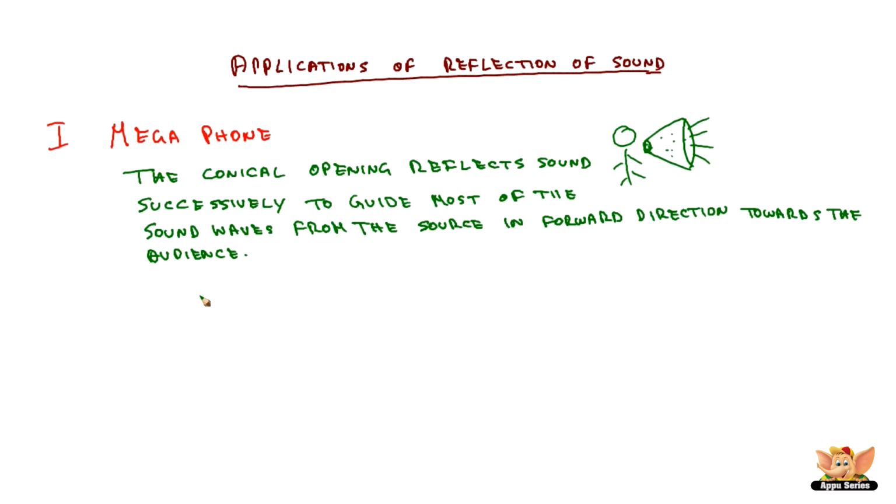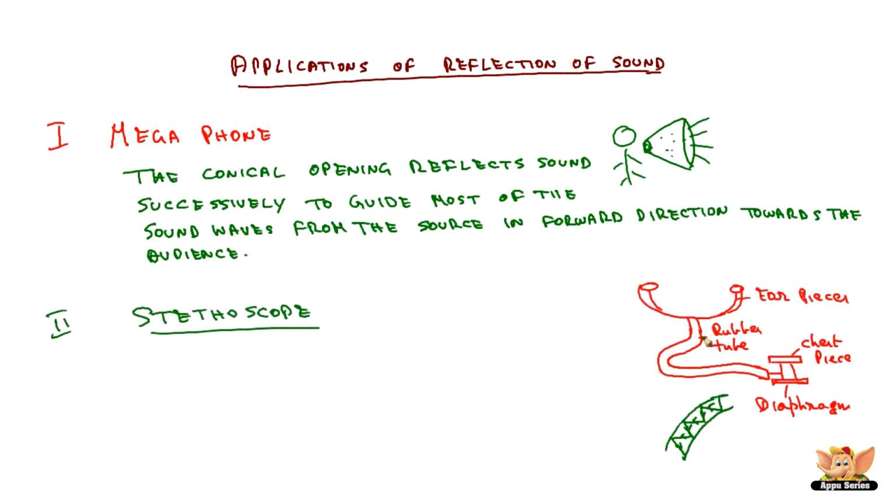In the same way, you have a bulb horn and a stethoscope. Let's see how reflection of sound is used in the stethoscope. The stethoscope is a medical instrument used for listening to sounds produced within the human body, like the heartbeat.